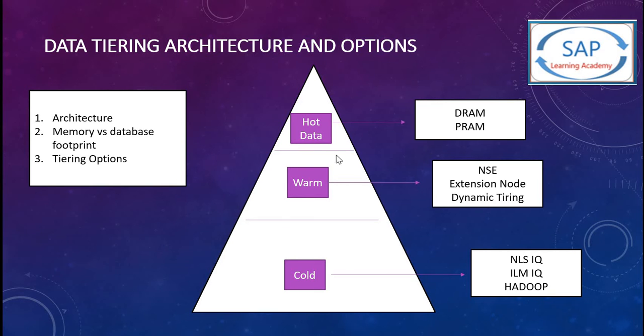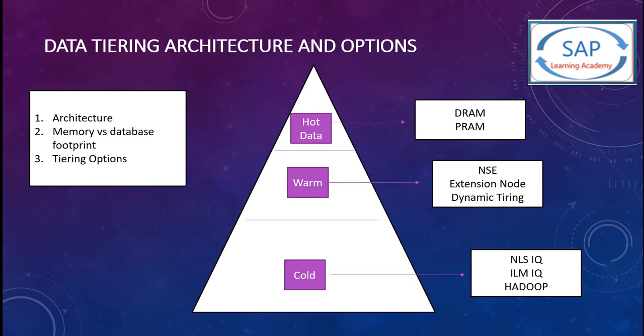If you look at this pyramid, consider it your whole SAP HANA workspace. Your most business critical data is stored at the top level. That is called hot data, meaning it is business critical and needed every day, so you have to keep that data in memory, in RAM.